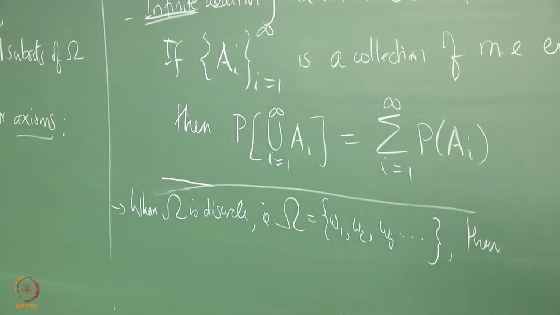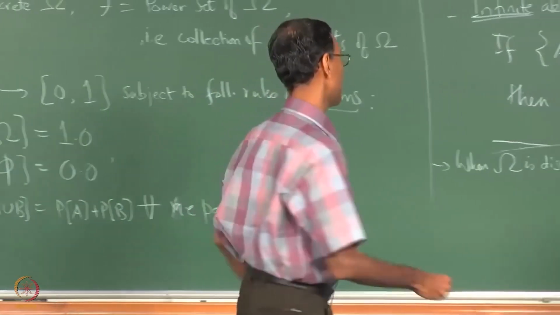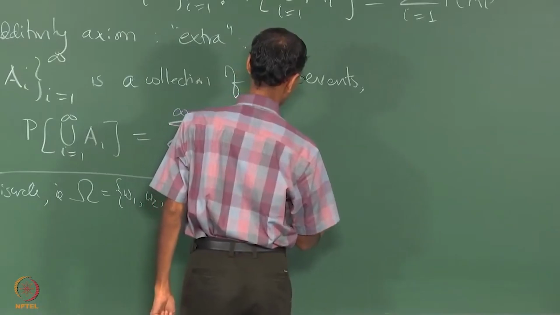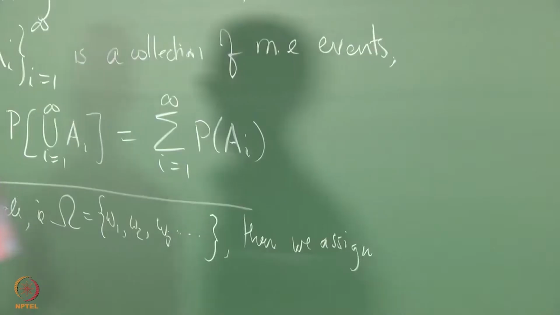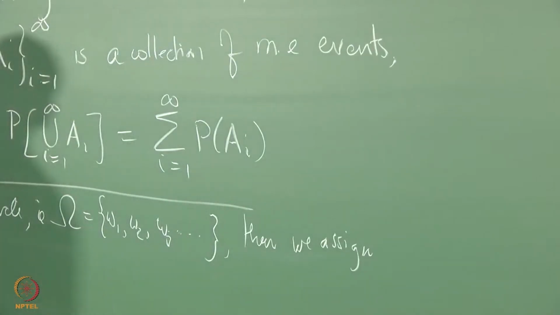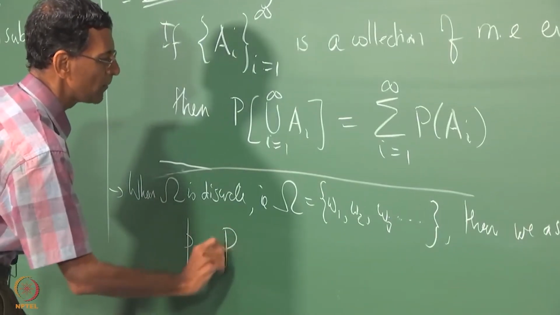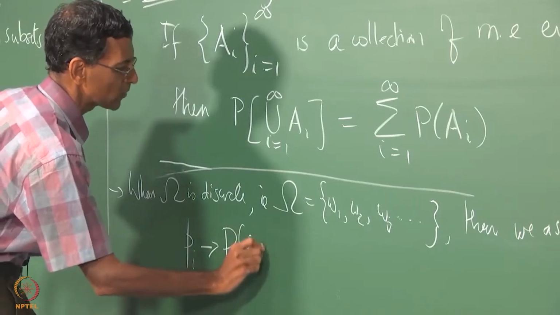Basically you start with a bunch of numbers p_i. What are these numbers p_i? We assign a number p_i to the probability of this singleton set {omega_i}.